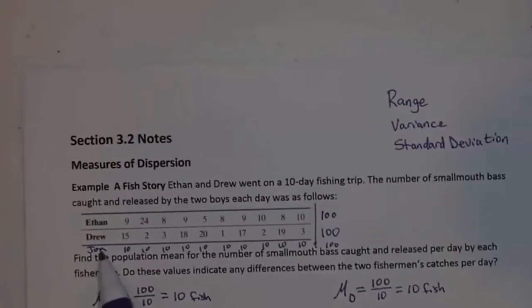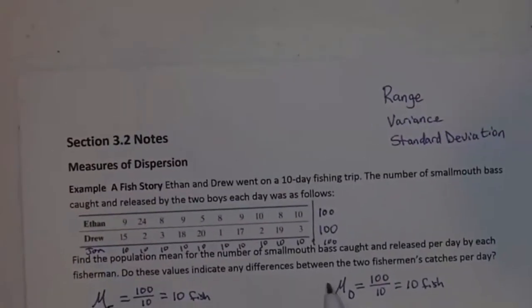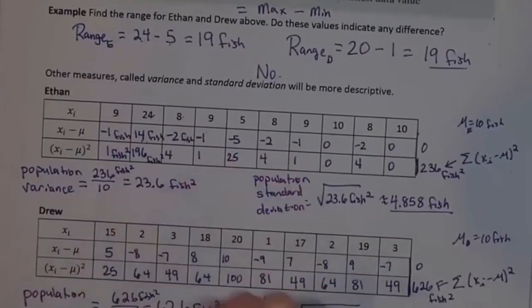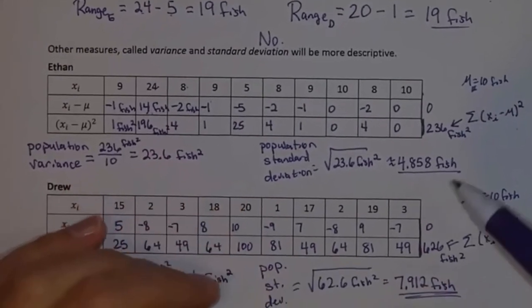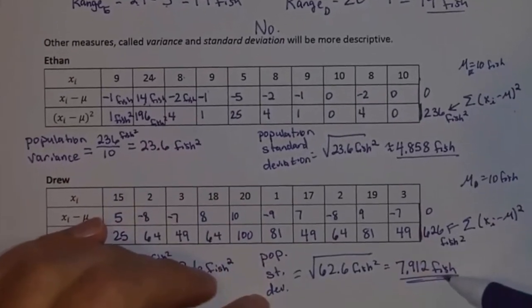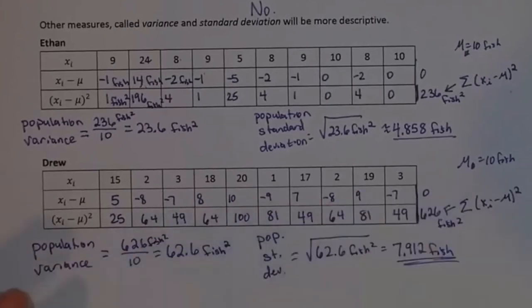So like John up here, if I found his standard deviation would be 0, indicating there's 0 spread in the data. So as a general rule, the larger the standard deviation, the more dispersed the data are. The smaller the standard deviation, the less dispersed the data are. And we're back to good units, the units that we have in our data.